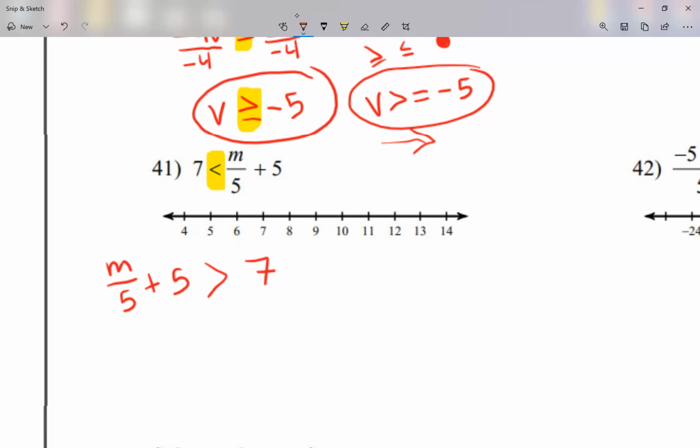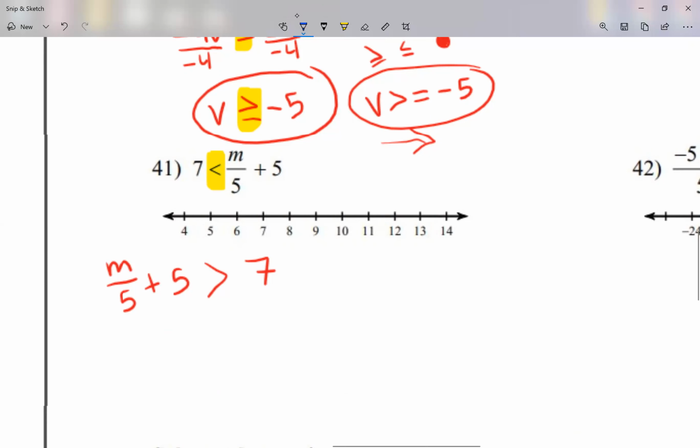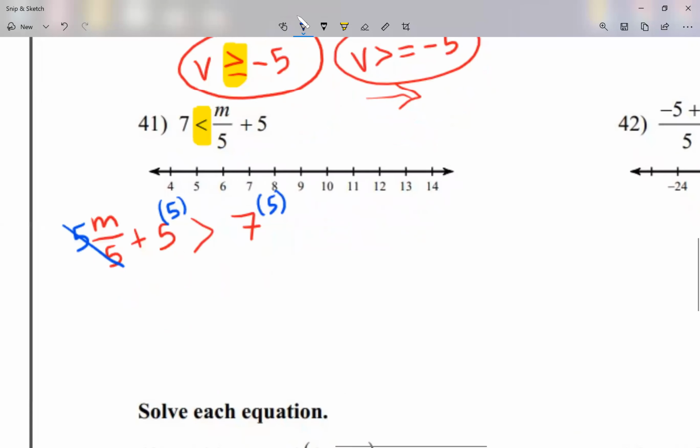Okay, I see a fraction, and most people don't like fractions, so let me get rid of the fraction. There's a 5 at the bottom, so let me multiply everything times 5. And the reason why is because these 5s will cancel out. So that's going to give me m plus 25 is greater than 35.